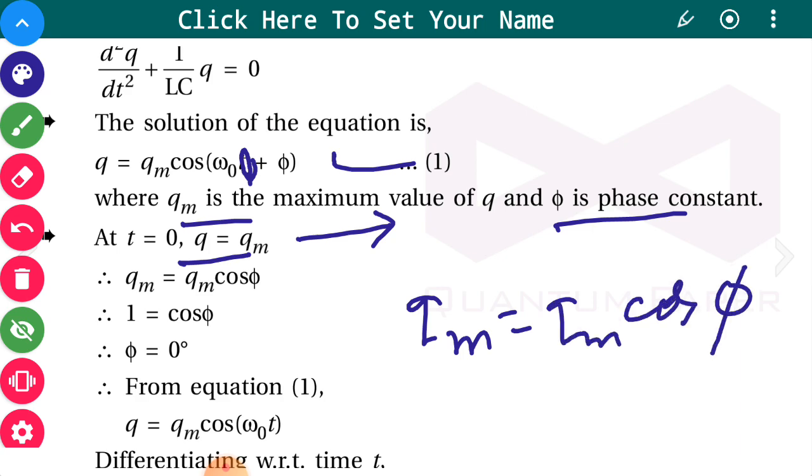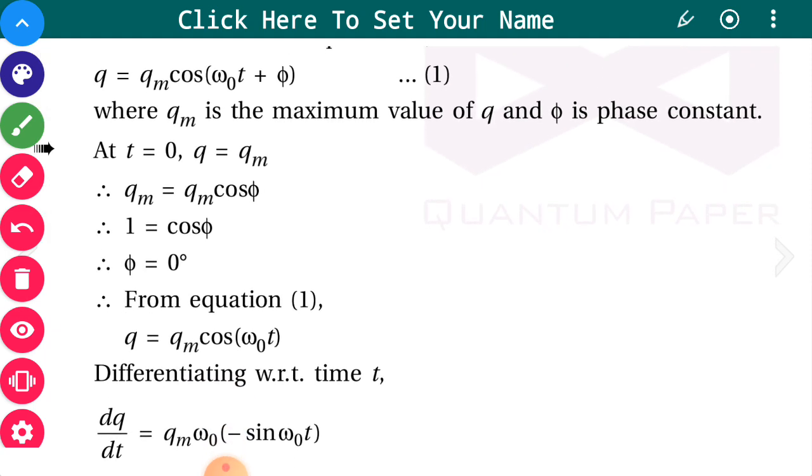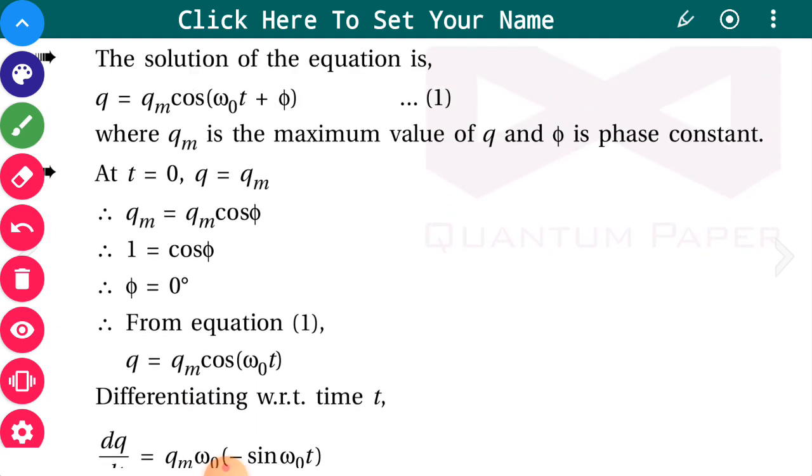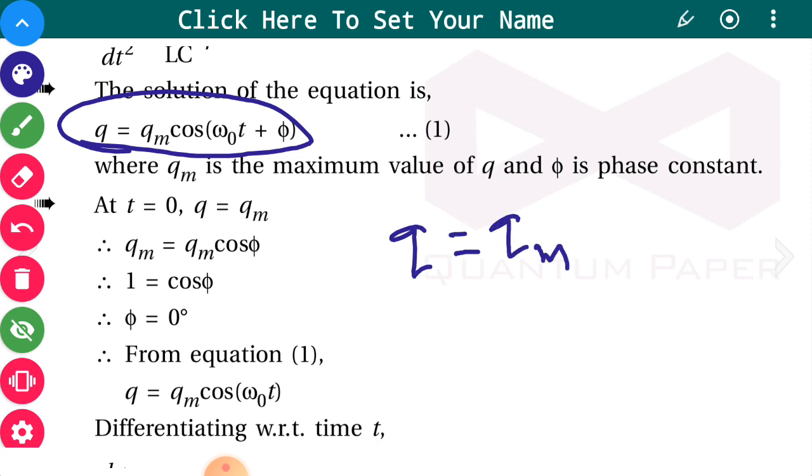So cos phi is 1, so phi is equal to 0, and the first constant is obtained, phi is 0. Now instead of phi we write 0, so our general solution becomes q is equal to qm cos omega 0 t.